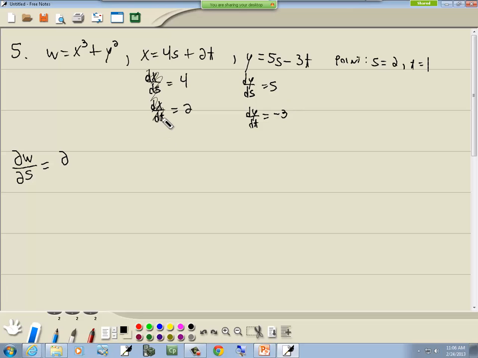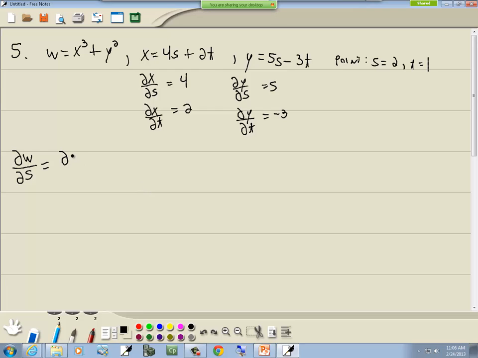Try that again. The reason why is you can't treat those other variables like constants. This should be a partial of x with respect to s, and this is a partial of x with respect to t. You can't treat them like constants unless you're taking a partial. This will be the partial of y with respect to s, and this will be the partial of y with respect to t.